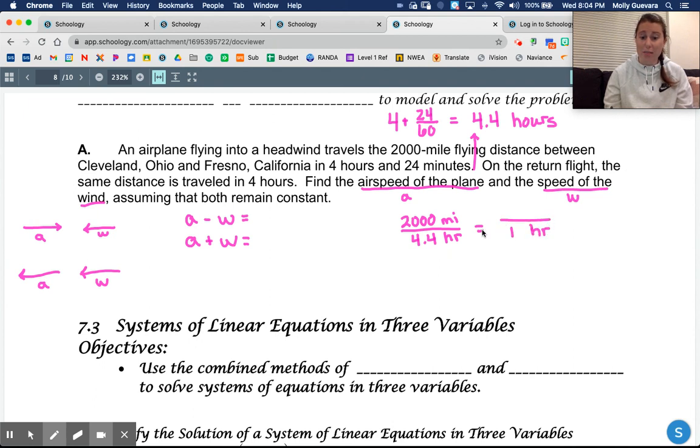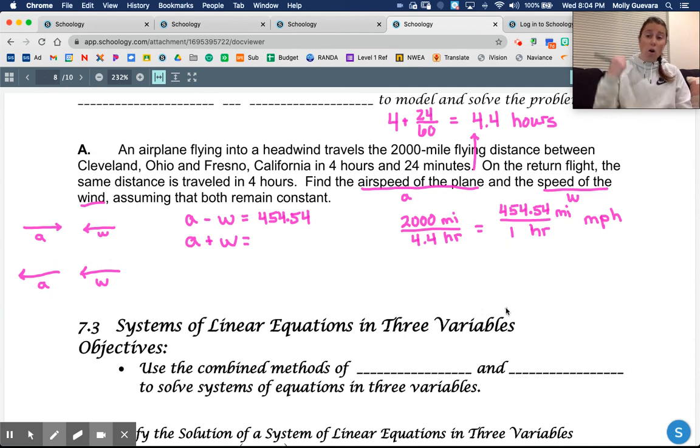So I'm going to have to divide, and I get 454.54 miles per hour. So with the speed of the plane against the wind, I was able to go 454.54 miles per hour, right? mph.